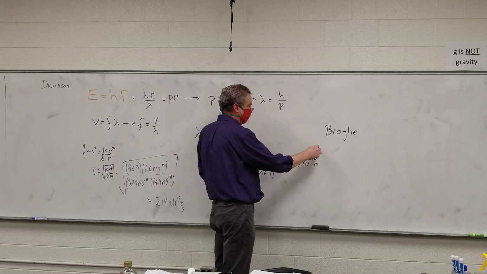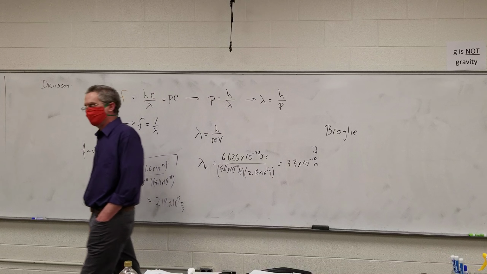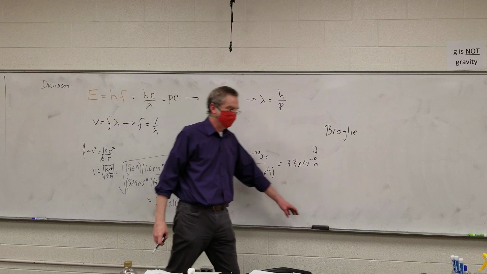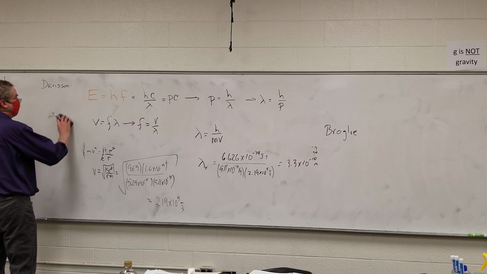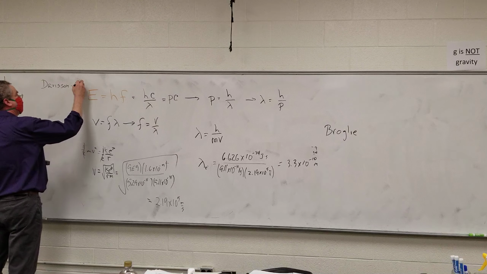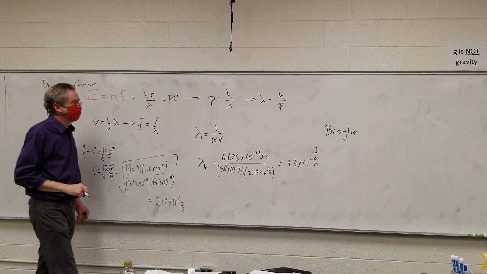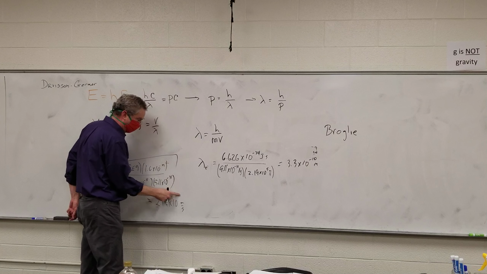Let me see where I might have messed up. Negative 34. Negative 31. The 2.19 is to the 6th, not the 5th, on the bottom. Oh, that's a 6 there? Yeah, sorry about that.